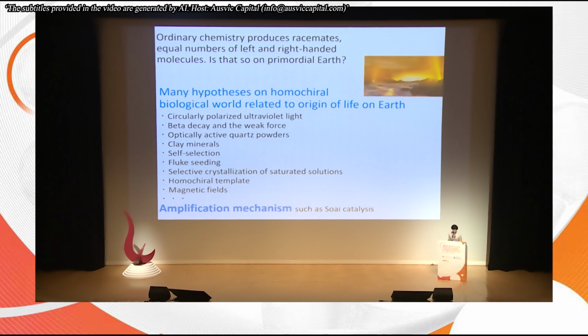Ordinary chemistry produces racemates, that means an equal mixture of left and right. And why we have only deoxyribose and amino acid creatures, there are many things, but I don't think I'm going to spend too much time on it. It's really exciting, but it's very difficult to prove, of course.